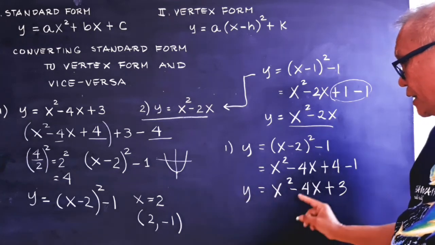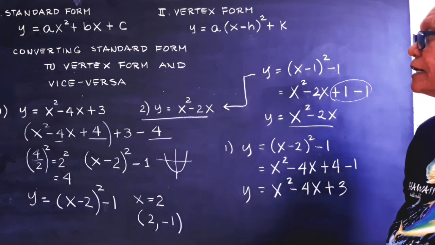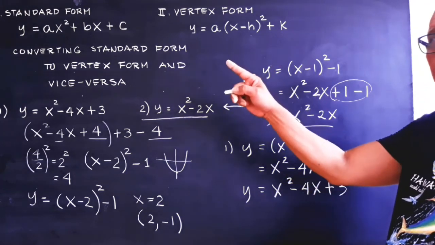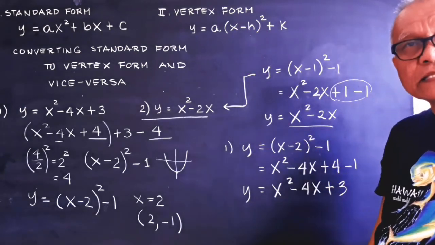Put the y here. Is this one, not that one? Our given for number 1. Okay, that's how to convert standard form to vertex form and vertex form into standard form.